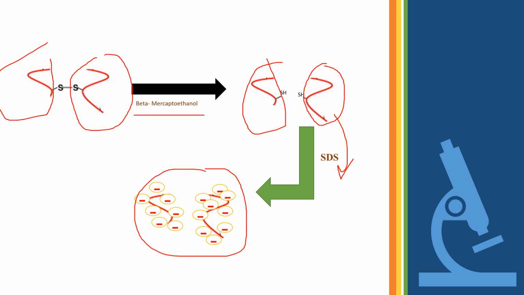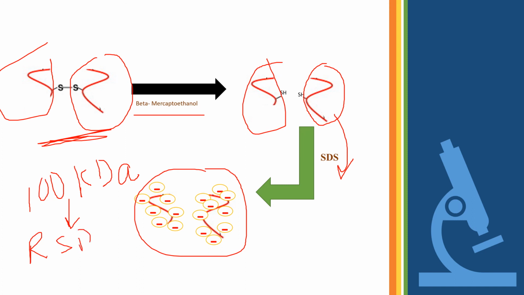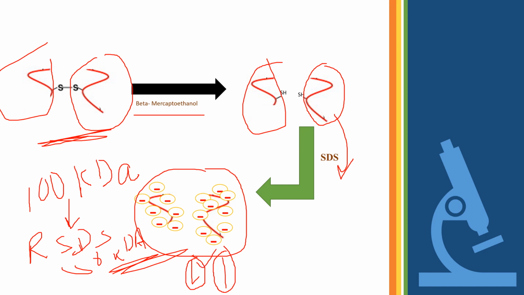If a particular protein gives a molecular weight of 100 kilodalton in a native PAGE, and the same protein in a reducing SDS-PAGE gives a 50 kilodalton band, it means that the protein is made up of two subunits bound by disulfide linkages, each of 50 kilodalton.